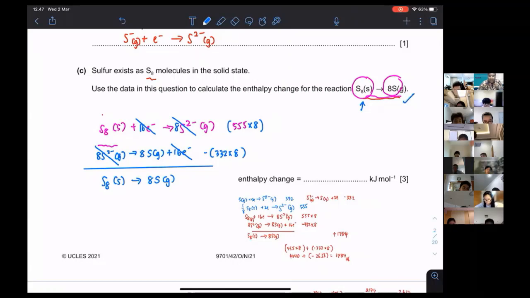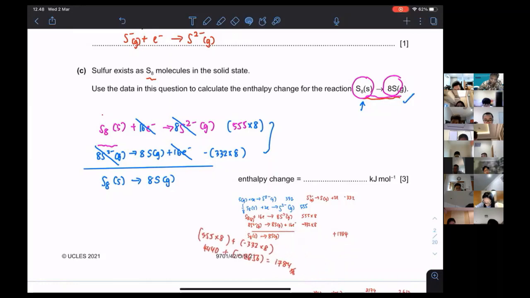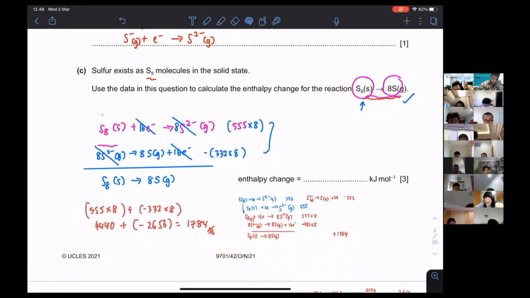So what is going to be the calculation over there? The calculation is going to be, you just need to add this. That is going to be the enthalpy change that we are looking for. So if you calculate that, I have done it. I'll just make it bigger. I have calculated for you.